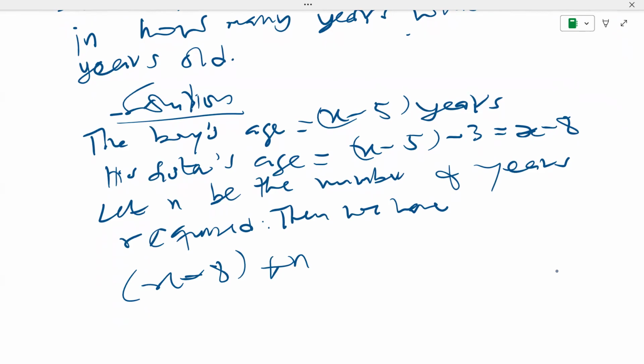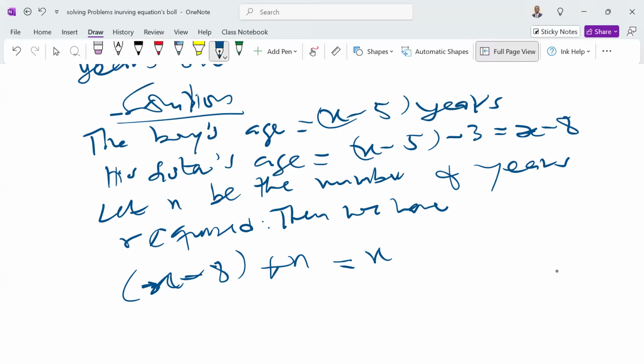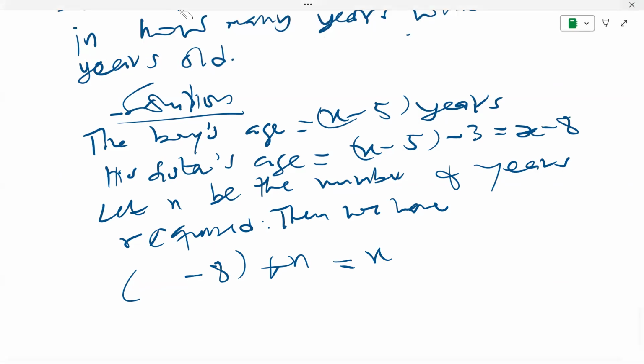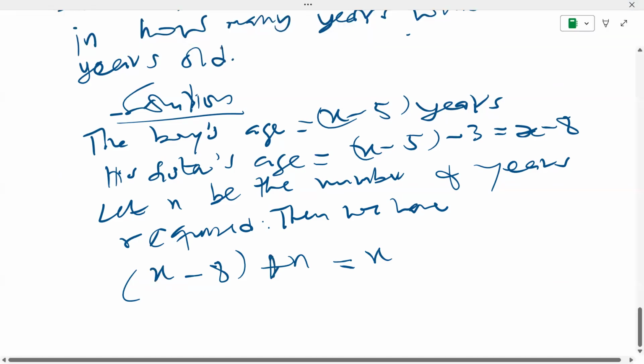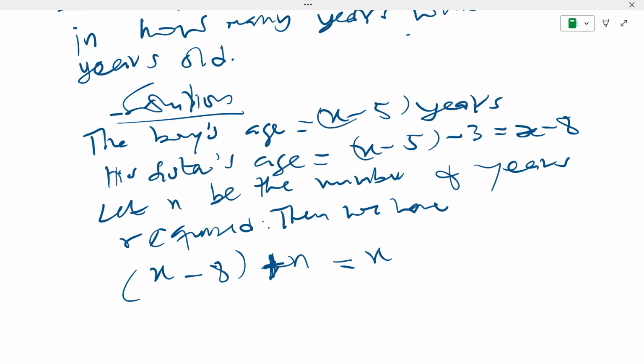This is the number of years that we need. You see that? And that whole thing will give us x. So we need the age of the sister, and when we get the age of the sister, all that we need is to add the n. We said that let n be the number of years required, and when we put them together, that will give us the x.